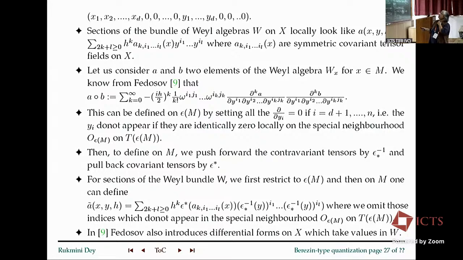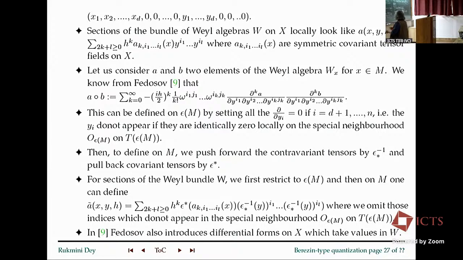I first restrict it to epsilon m, and then I remove all the derivatives which do not involve these. And then to define it on m, we push forward the contravariant.